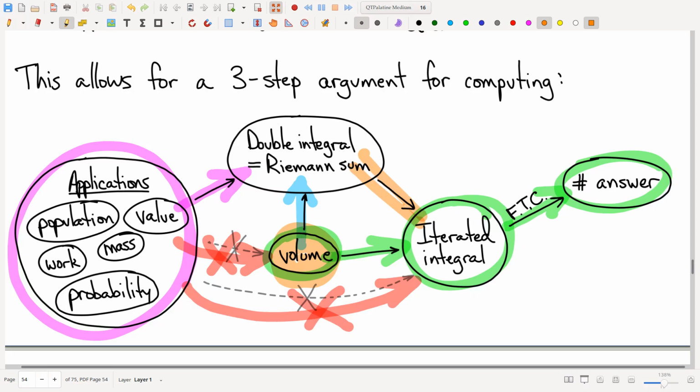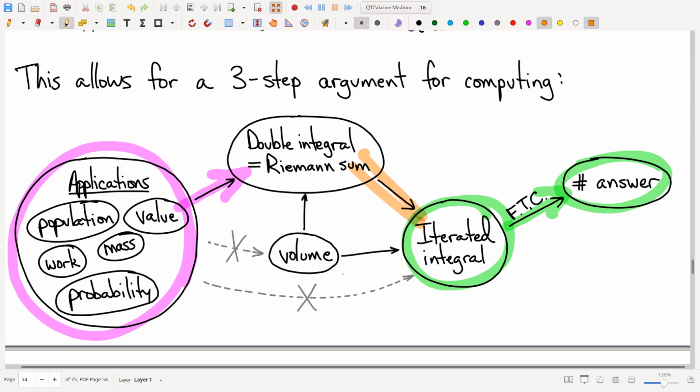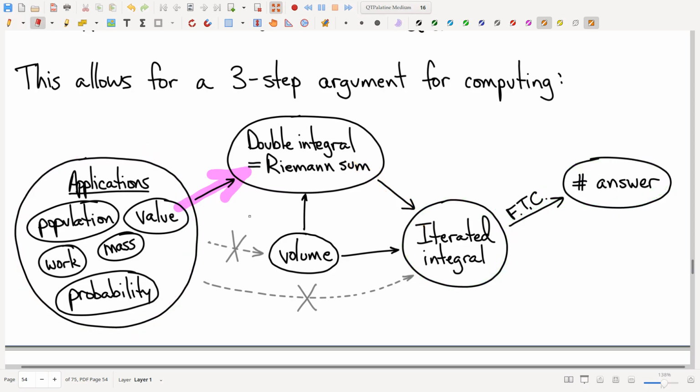So now this is the roadmap of arguments that we've made, and now you can see, we don't need that, we don't need that, and frankly at this point we don't even need that anymore. This is how we're going to solve problems. It's a three-step process. Just to summarize, first step, whatever our application is, write it as a double integral, not as an iterated integral.